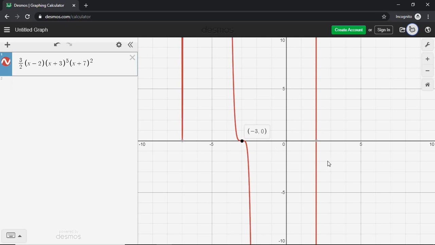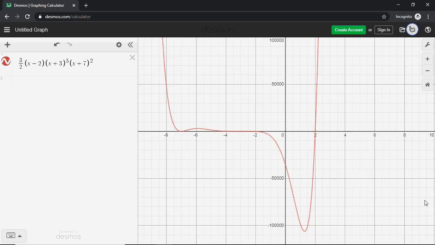Over here, we've got -7. It looks like the function's actually just coming down here and stopping at the x-axis, but actually what's happening is it is bouncing off. My scale is just not helpful to see that. So it's coming down and then going back up again, and that's exactly what we expect here from this repeated linear term here. And then, of course, we have a single root at +2.